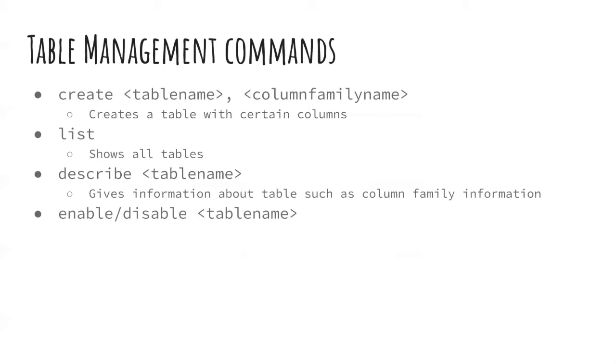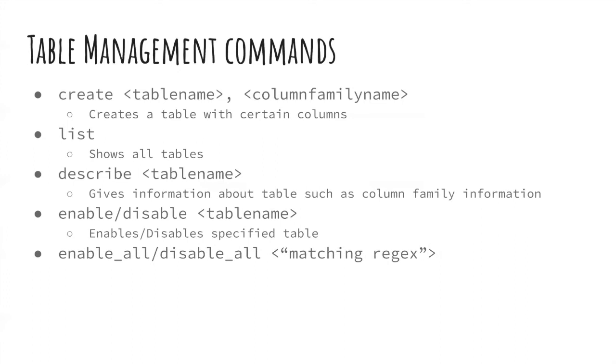All right, next is enable and disable, and then you need a specific table name. The enable and disable commands do what they imply. They enable and disable the specified table that you entered in the parameters. We will dive into more on why you need to enable and disable tables, but for now, just know that enable and disable does that.